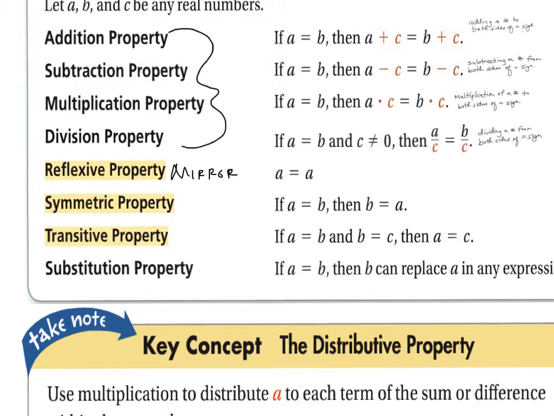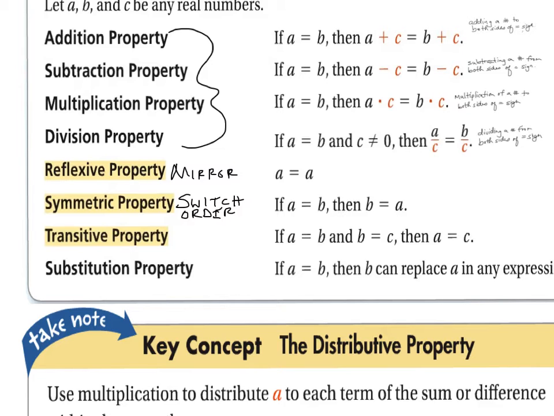The symmetric property, you'll notice it says if A equals B, then B equals A. They've switched spots. So when I think symmetric property, I think switch. Switch the order.